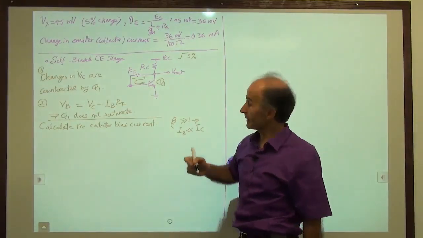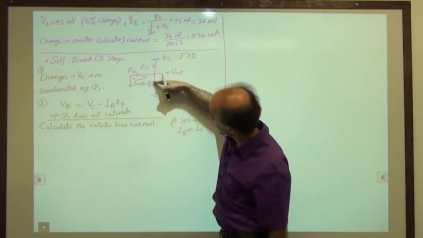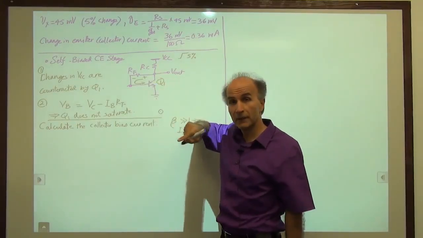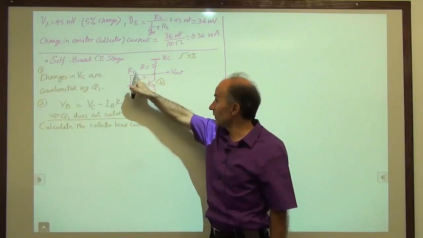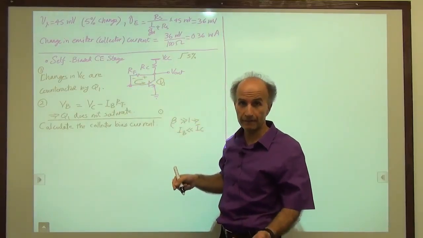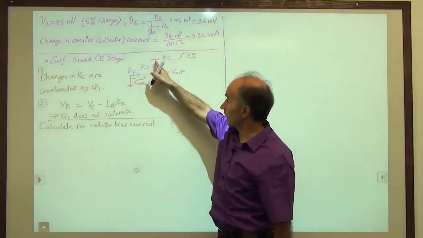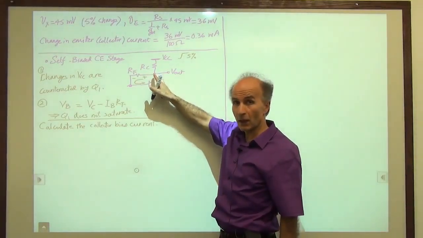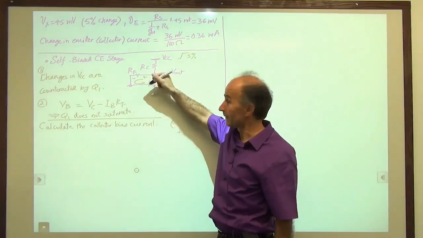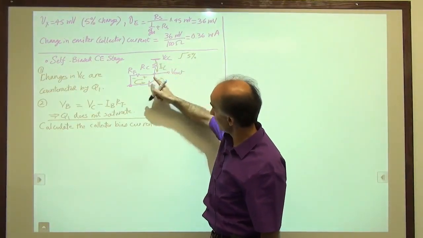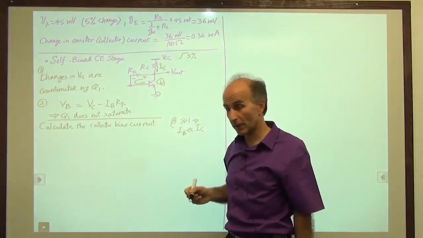So if that's true, I can say that IC in its entirety flows through RC, meaning that the little fraction that we lose to the base is negligible. So if all of IC flows through RC, the voltage drop across RC is IC times RC. So we have a current of IC flowing here because we are neglecting this base current contribution.